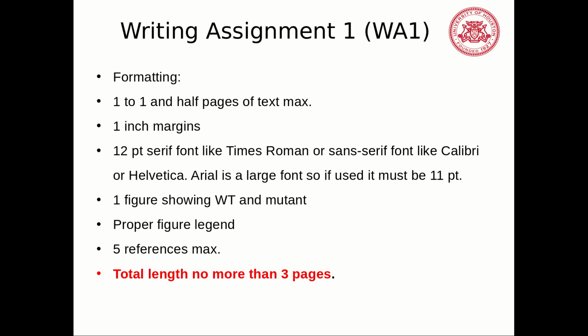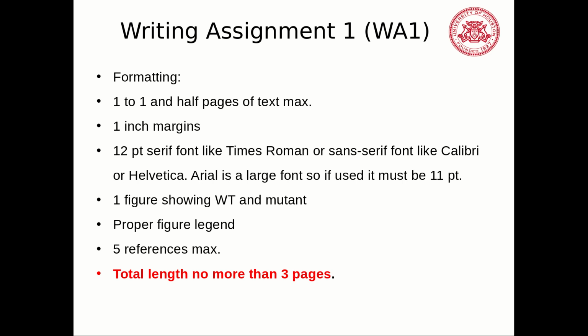All right, formatting. One to 1.5 pages of text max. So WA1 is short. All it is to get you used to making pictures and some descriptions and naming things, because these are the easy things that people miss on the tests.